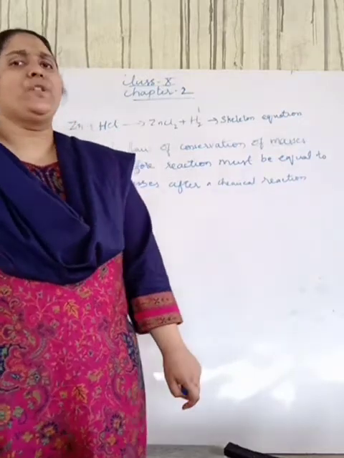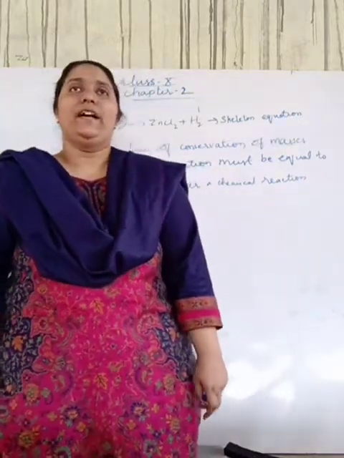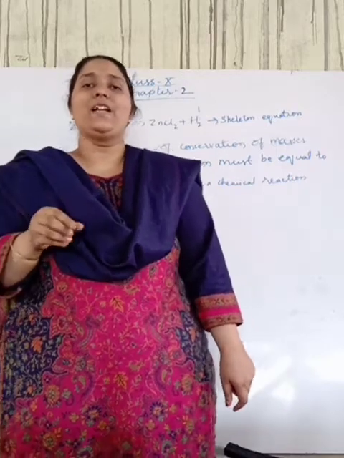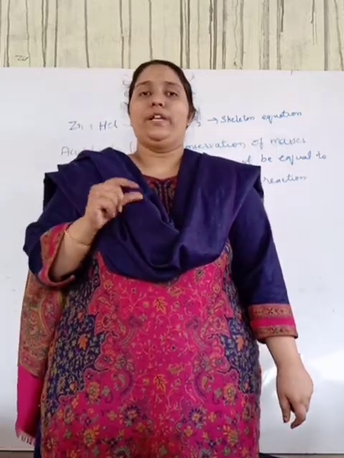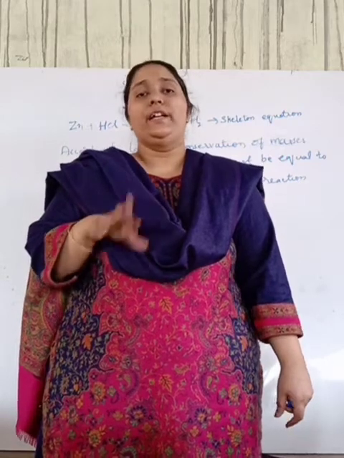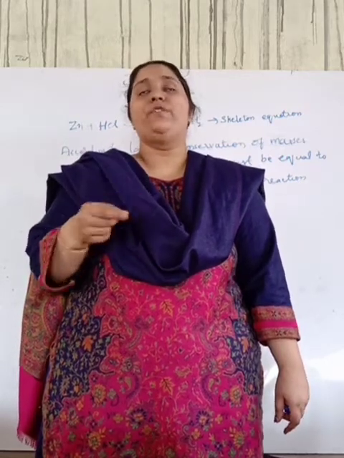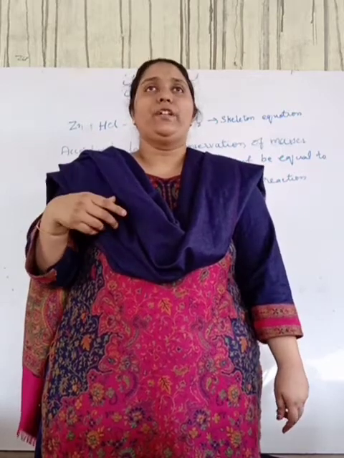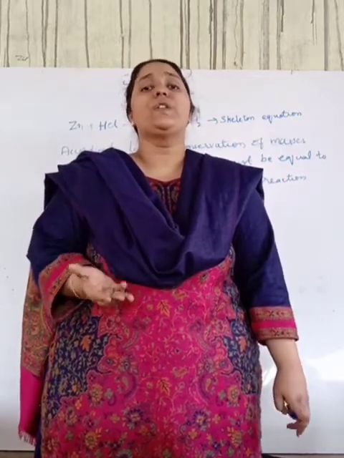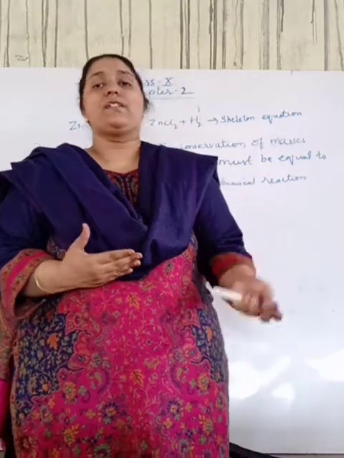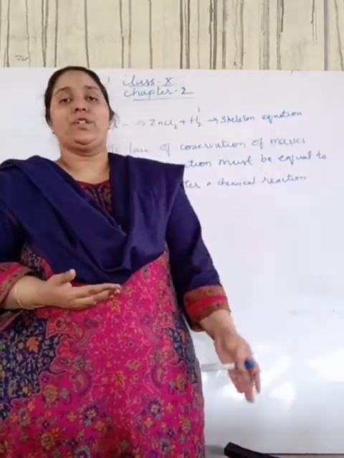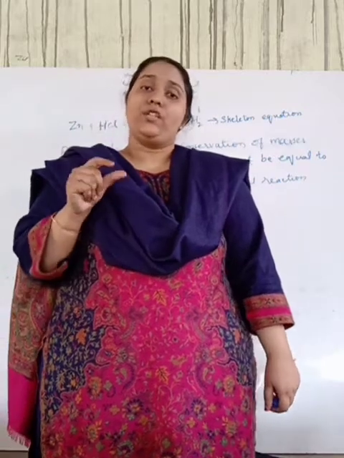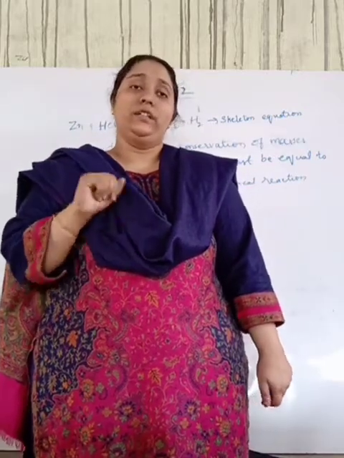Already we have seen one activity in ninth class, where we took one conical flask and kept one element in the conical flask. Again we took a test tube, kept another element separately in it, and measured it with a spring balance. This is the mass before the reaction. After that we mixed the content of the test tube and the content of the conical flask.